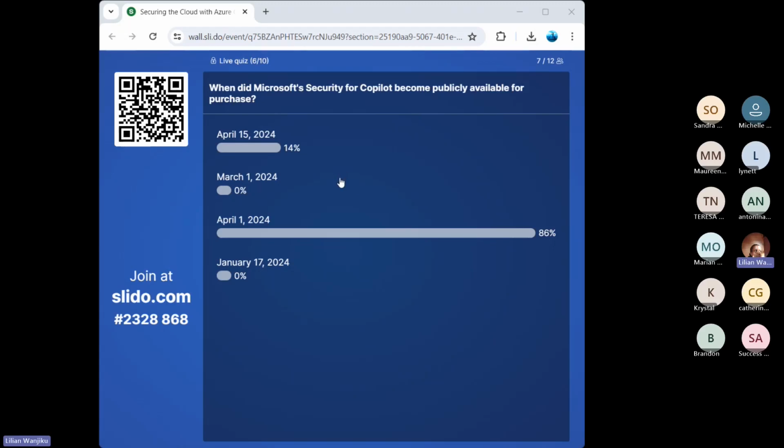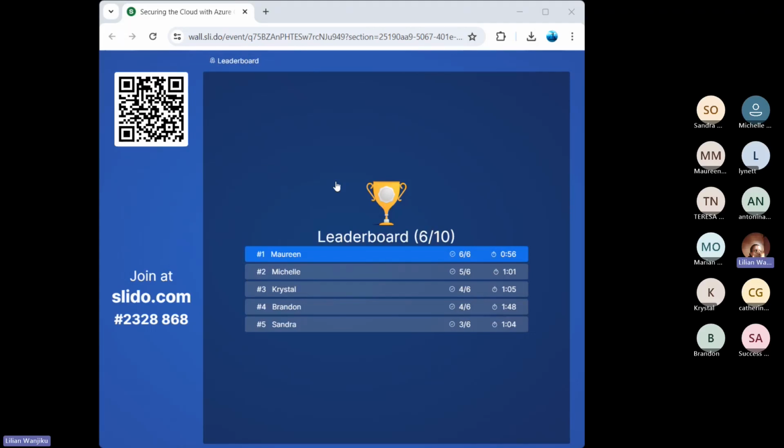The correct answer is April 1st, 2024. For April 15, you had good guessing power, I can say. But I'm happy none of us selected March 1st or January 17th.